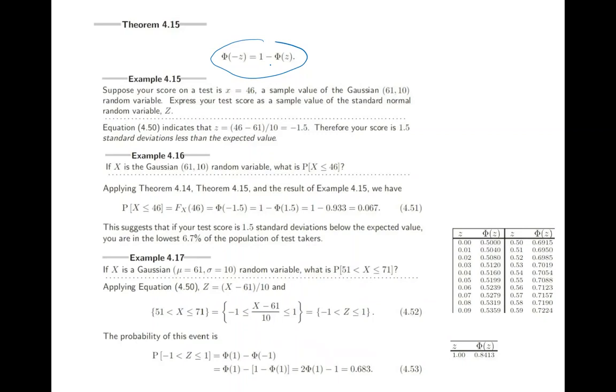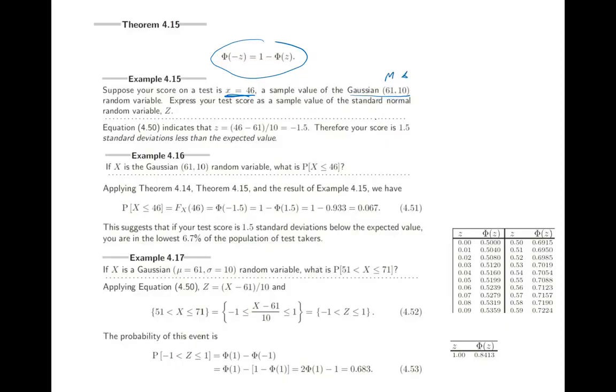Okay, here we have 3 examples. Let's do them. It's important. Suppose that your current test score is x, which is 46, a sample value of a Gaussian. Here's the Gaussian, and here is mu, here is sigma. The mu is 61.